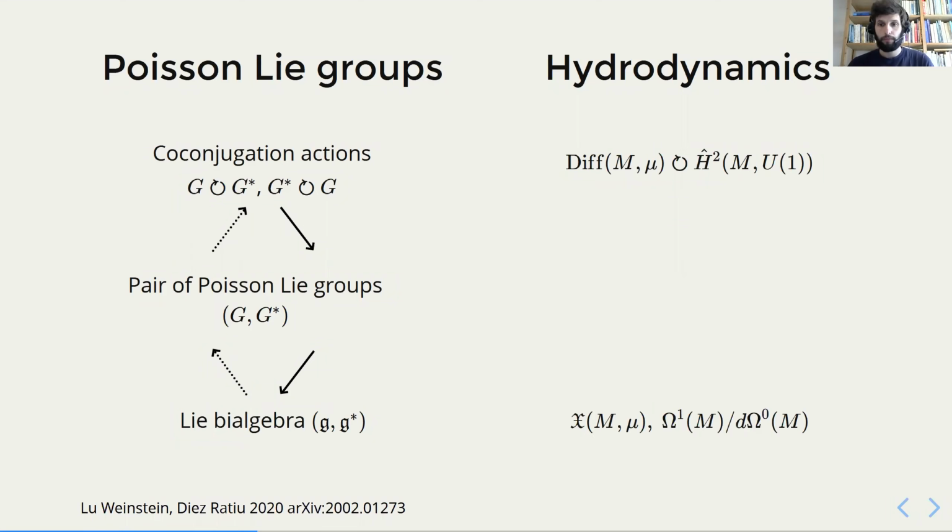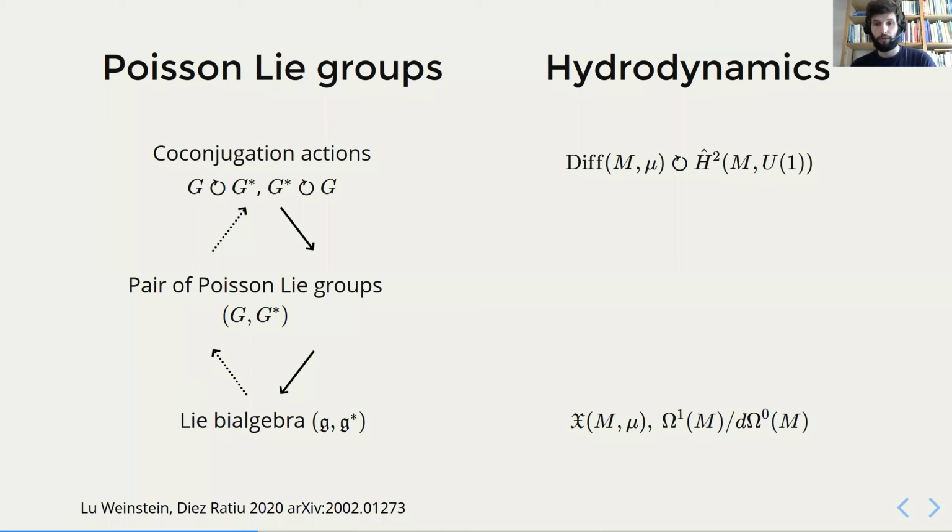So in this case, we get an integration of this dual pair of Lie algebras that we started with. The Lie algebra of the diffeomorphism group is just our volume preserving vector fields that we already saw. And the Lie algebra of these Cheeger-Simons differential characters, or the principal bundles with connection, is this quotient space that we already saw.